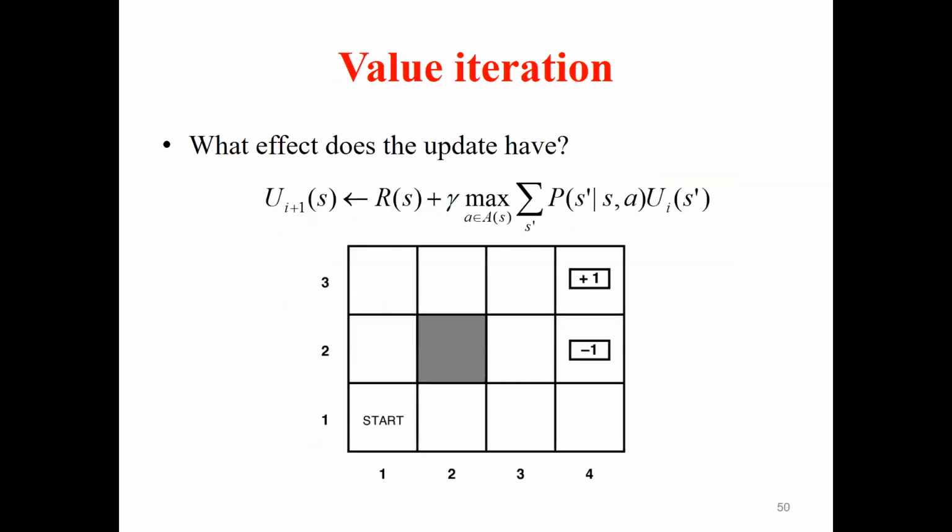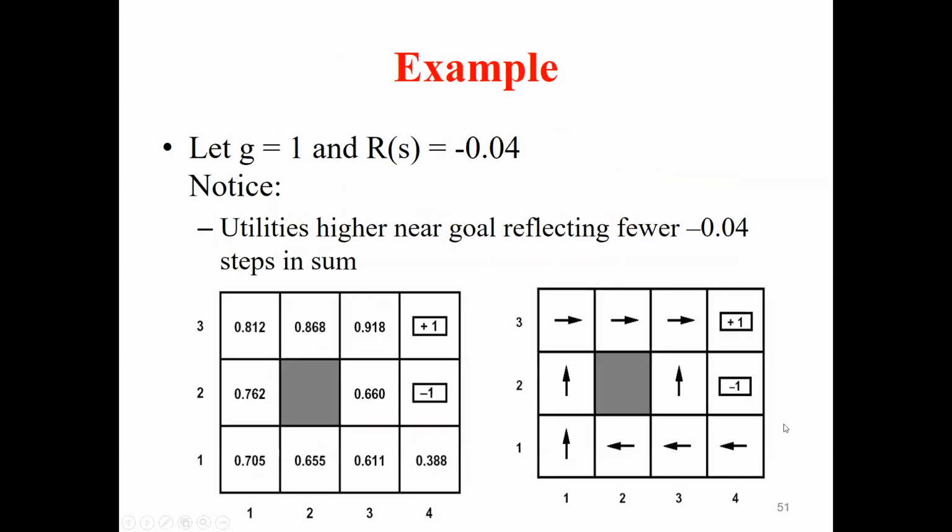Now, what is the effect we have over the utility, and accordingly we need to mark out the policy. In case my G, in this case it was gamma, my discount factor is 1 and the reward for being in every non-final state is minus 0.04, what is going to happen?